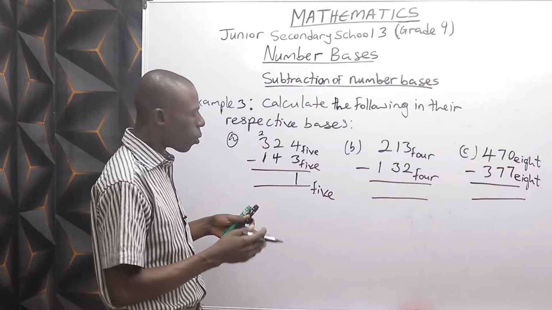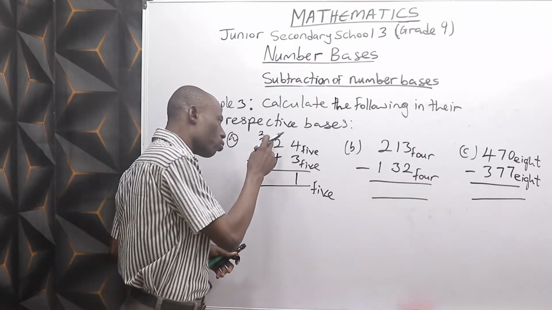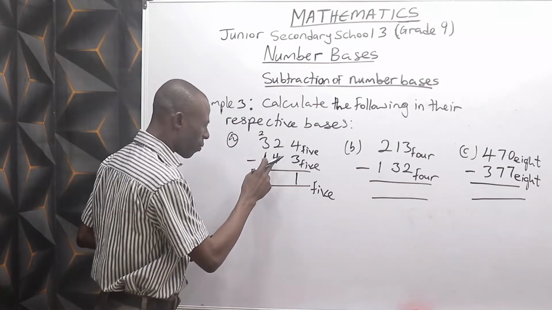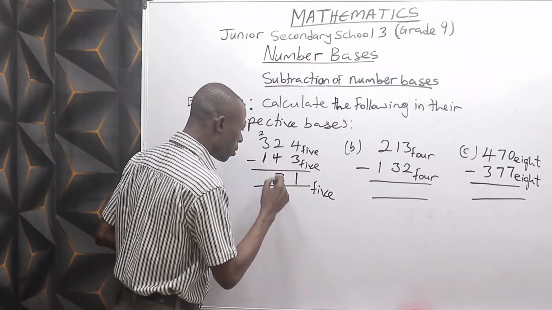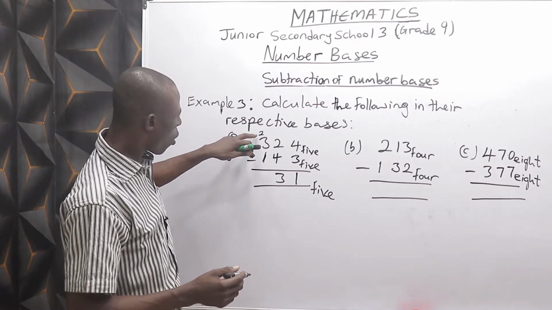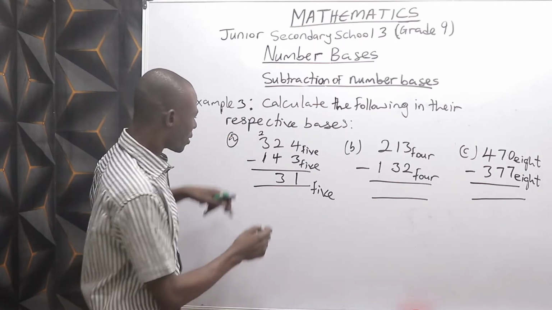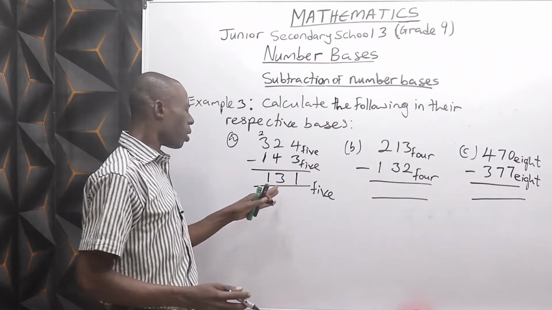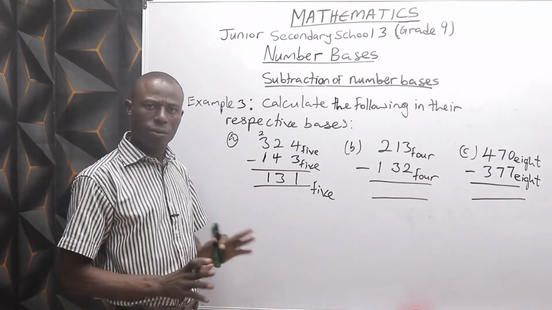So if the one you borrow turns to 5, add the 5 to these 2, that is 7. Subtract 4 from 7, it gives us 3. Subtract this 1 from the 2, that is 1. So our answer is 131 base 5.